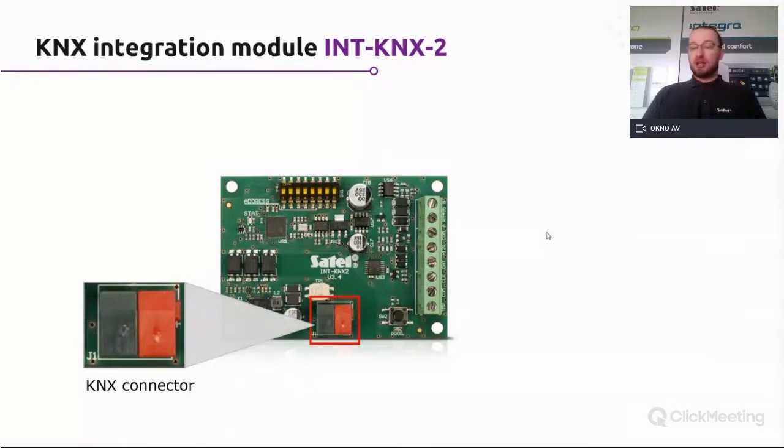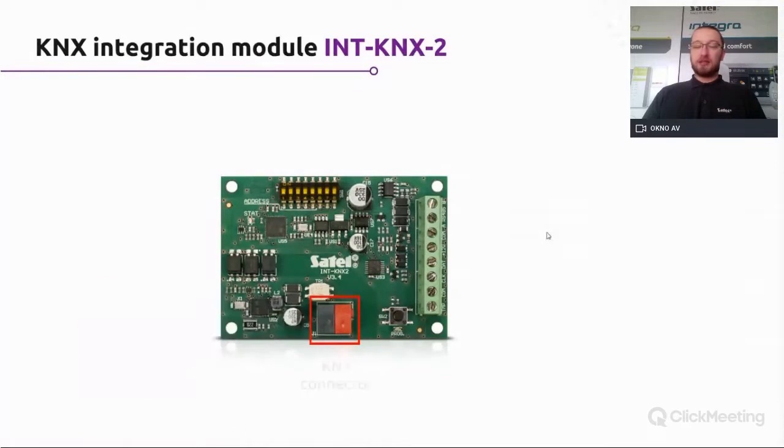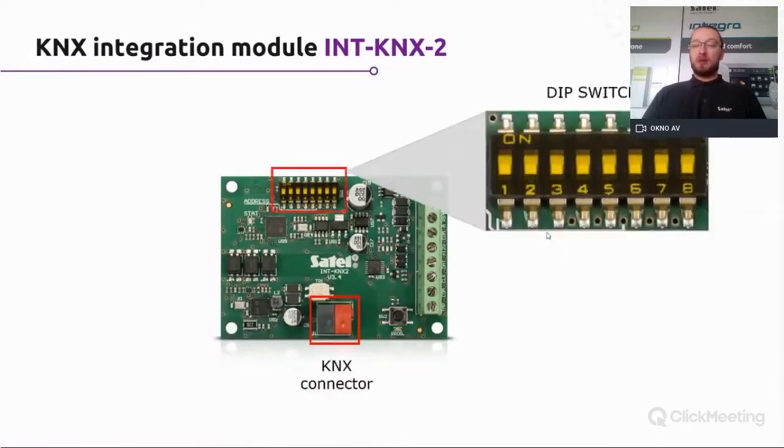In here you connect the KNX bus. On the top you have DIP switches. The first 5, as I think you already know, are the address on the expander bus, but DIP switches 6, 7, and 8 take care of how many outputs are assigned to objects inside the module.